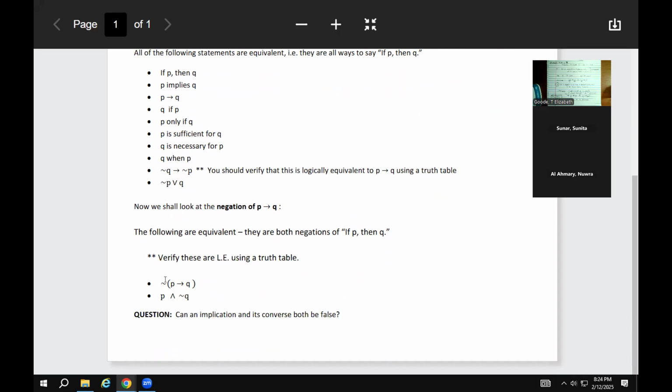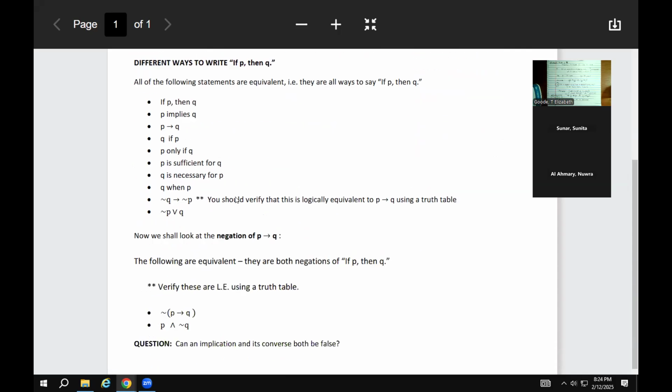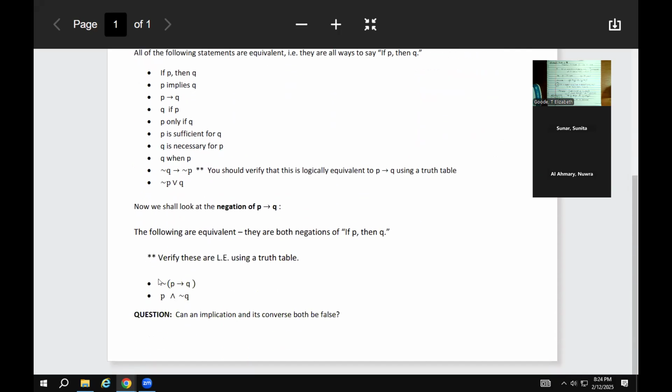You can make a truth table and build up to a column for the negation of if P then Q. So you would take this column for if P then Q, and you would just flip everything because you're going to take the negation of that quantity. And then you can build up and make the column for P and not Q. And you'll see that P and not Q looks exactly the same as the negation of P implies Q.